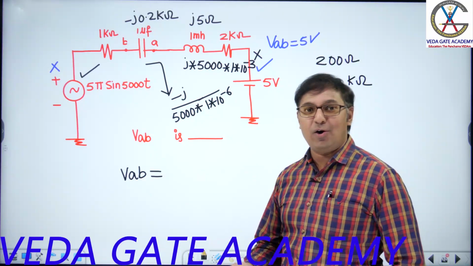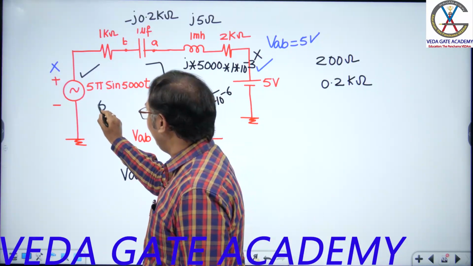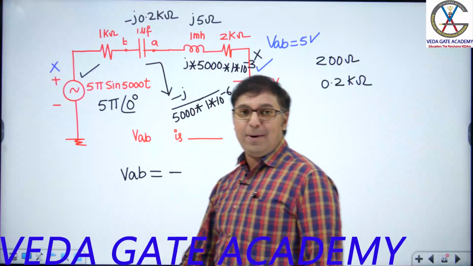Opposite means obviously we put a minus. Writing this into phasor form: 5 pi at an angle 0.